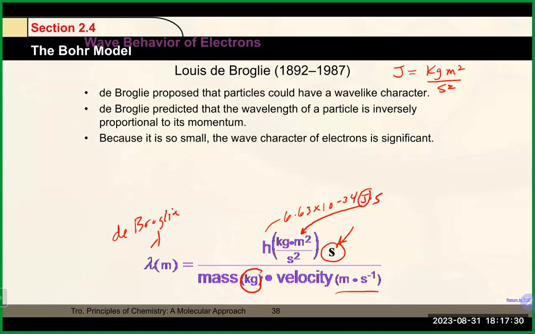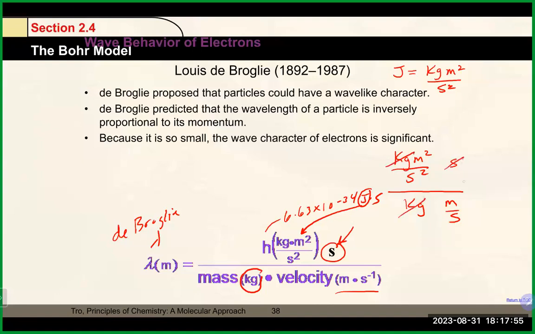So when you do that, if we look at the units on the right hand side for the joules, we will have kilograms meter squared per second squared, and another second. That would be divided by kilograms times meters per second. Kilograms on the bottom cancel kilograms on top.